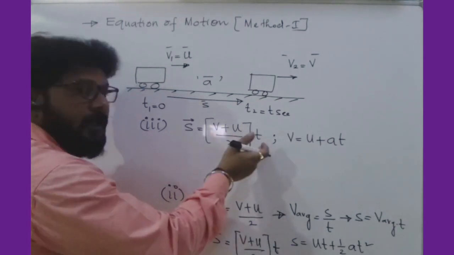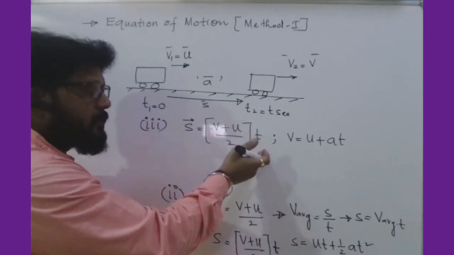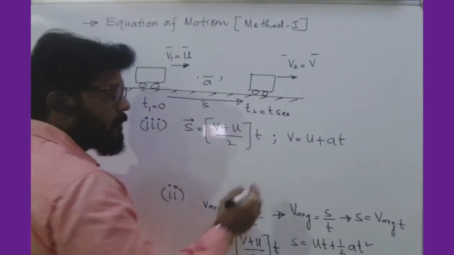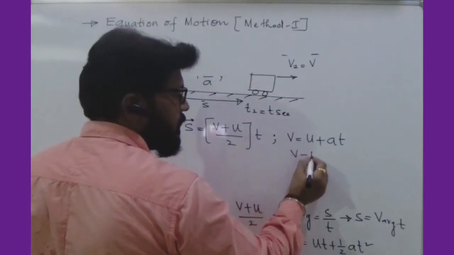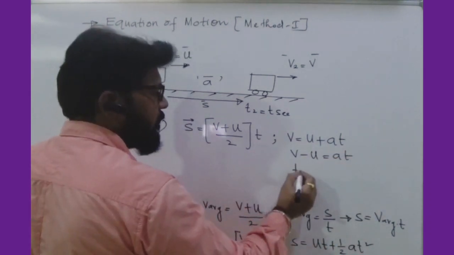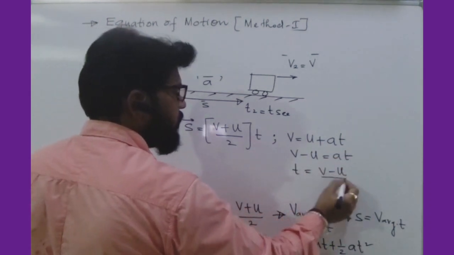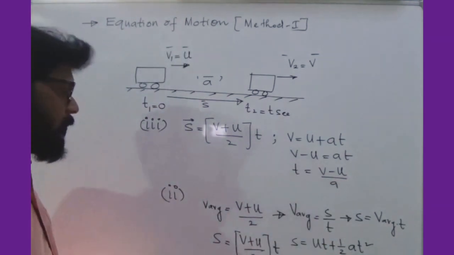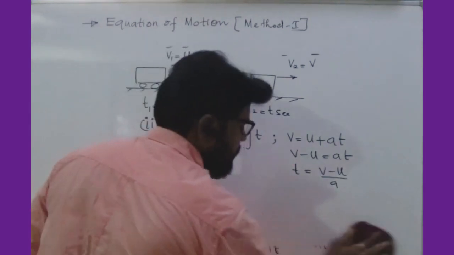If I don't know time, how do I calculate the relation between s, v and u? Then try to eliminate the time here. I can write v minus u is equal to a into t, or simply time t is equal to v minus u divided by a.